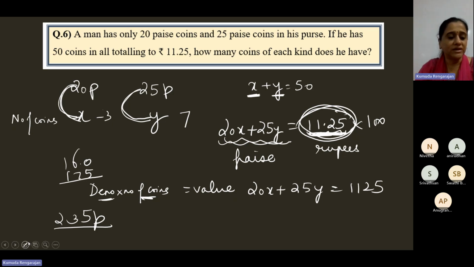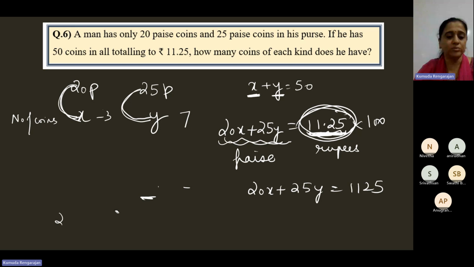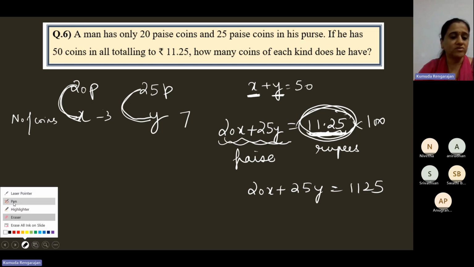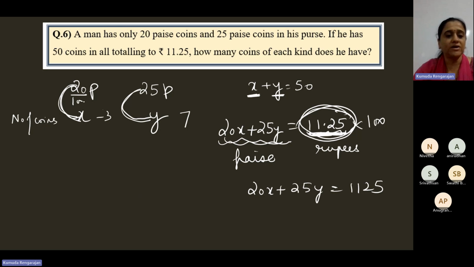Now, if you want to write the second equation in rupees, you want 11.25, then you should convert the coin values to rupees. 20 paise is 20 by 100 rupees. 25 paise is 25 by 100 rupees.